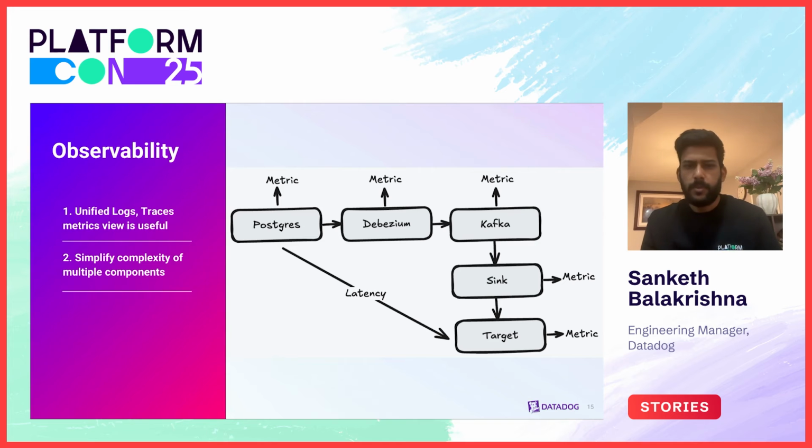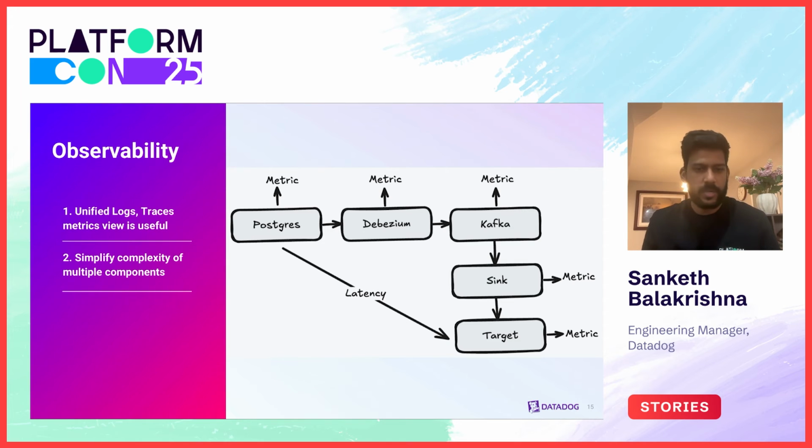So building a unified observability around your platform is the backbone of a strong platform. This ties into the value proposition of a platform team as well, which is to make the user's life easier.